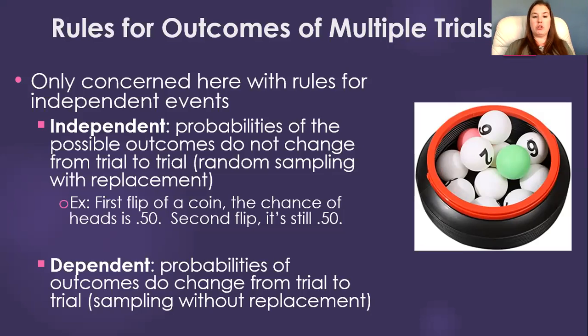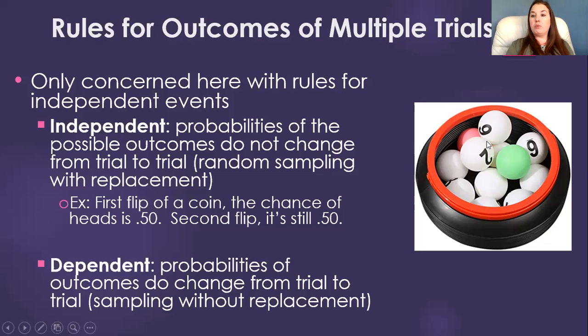That does not change. What's most important is thinking about examples like, let's say we had a bowl of lottery balls, each one labeled 1 through 10. The chance of pulling out any one ball is 0.1, right? It's 1 out of 10. Let's say we want the probability of pulling out a number 6.